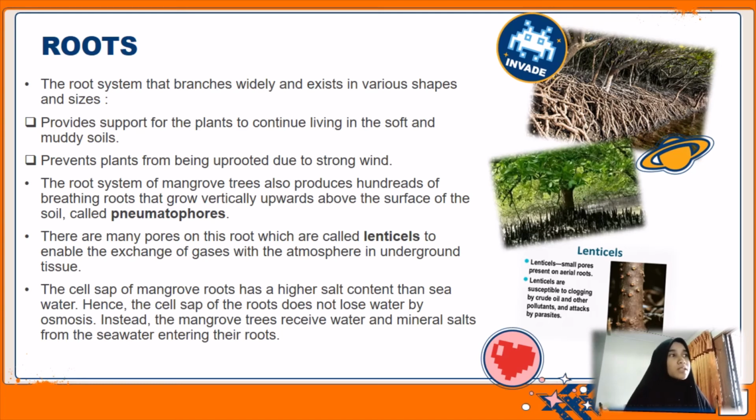So, this picture shows pneumatophores, breathing roots that grow vertically upwards above the surface of the soil, and these are lenticels, small pores present on aerial roots and susceptible to clogging by crude oil and other pollutants and attacks by parasites.